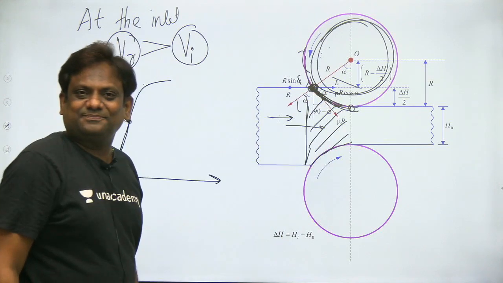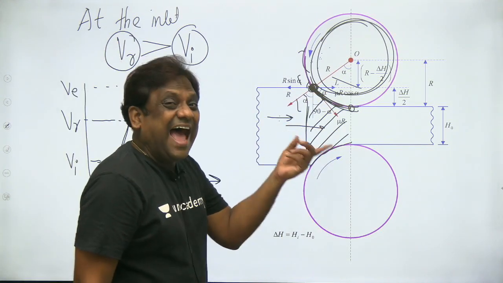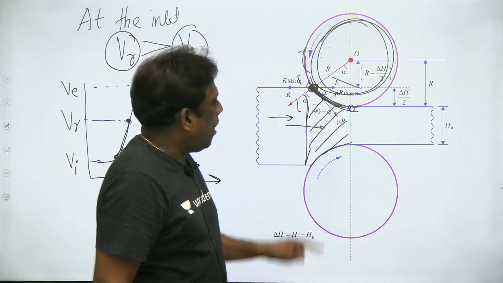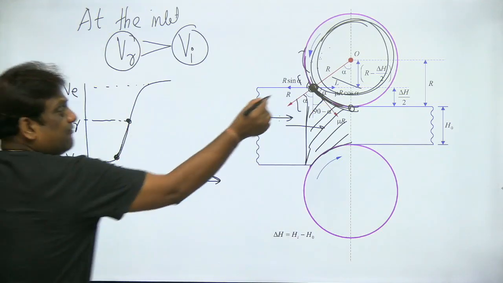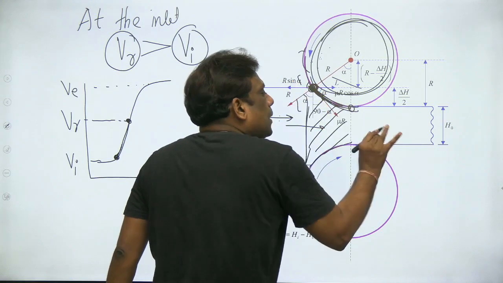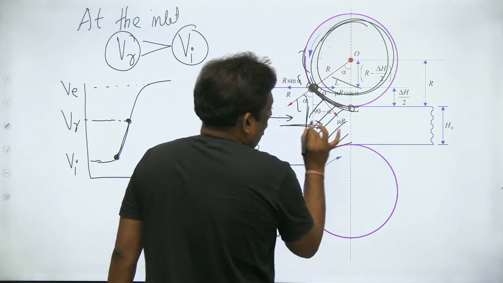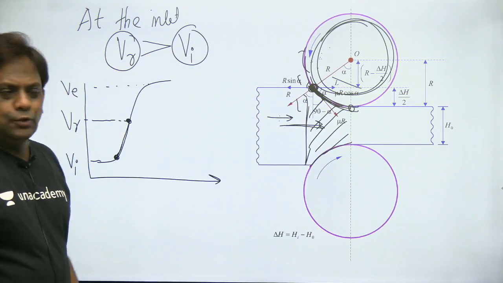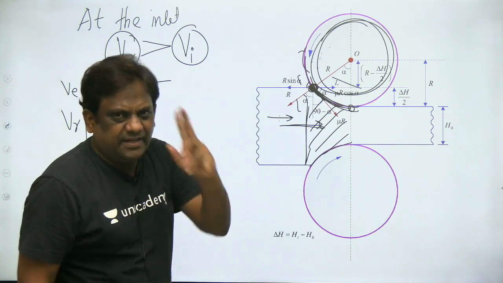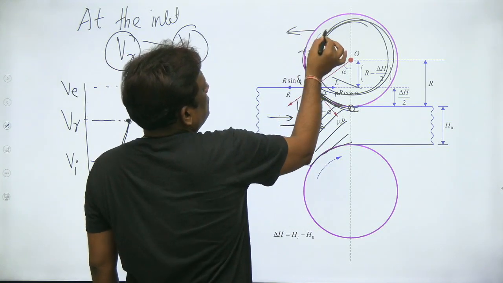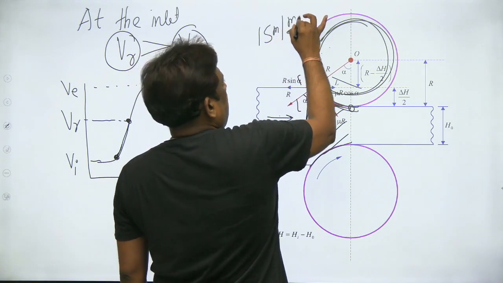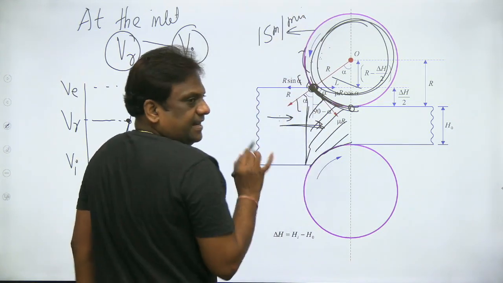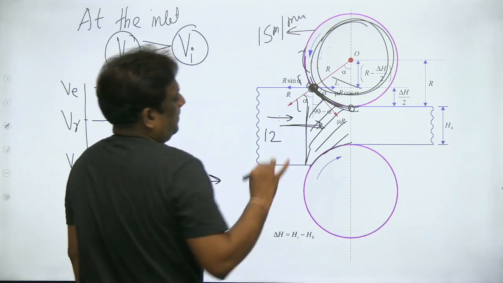Velocity is increasing. As the velocity is increasing, at some location, my roller velocity is equal to my strip or component velocity. Let us say the roller velocity is 15 meter per minute, and my component is entering at 12 meter per minute.